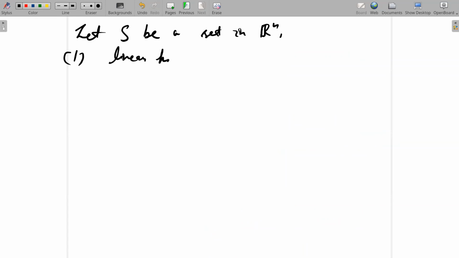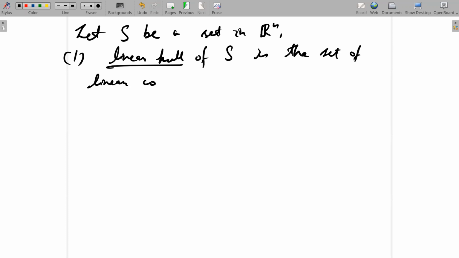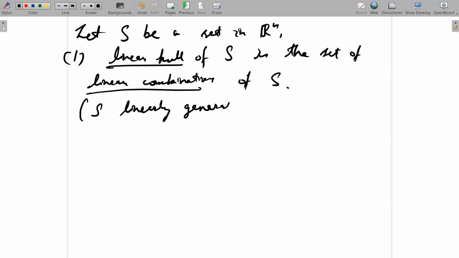The linear hull of S is the set of linear combinations of elements of S. It's a linear subspace. Or you can say S linearly generates lin S. Lin S is the notation we're going to use for linear hull.